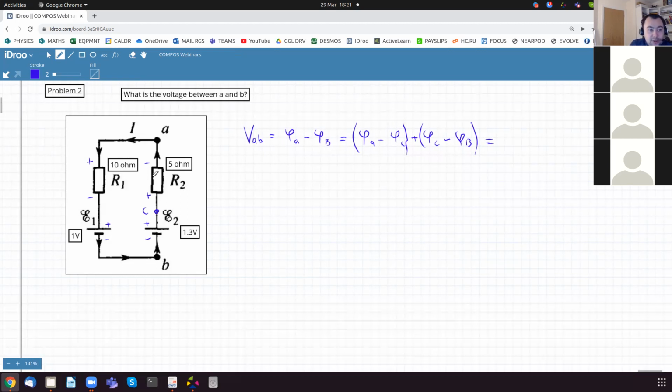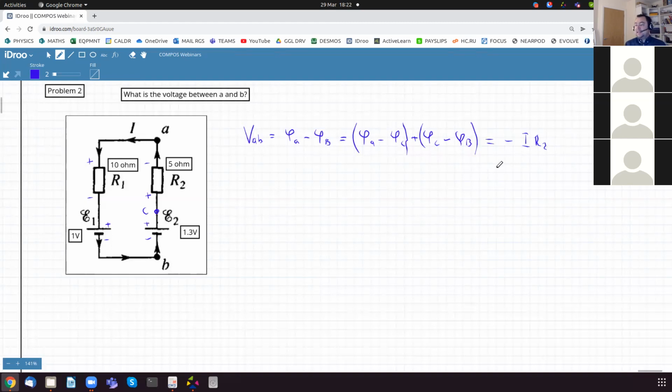So if we go from B to A, the battery increases the potential, whereas the resistor decreases potential. So phi A minus phi C, the potential at A minus the potential at C, is going to be equal to minus I R2, where I is what we need to find.